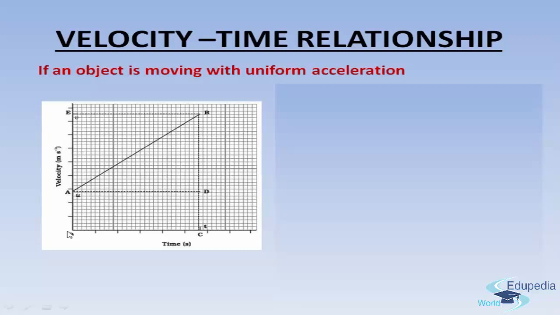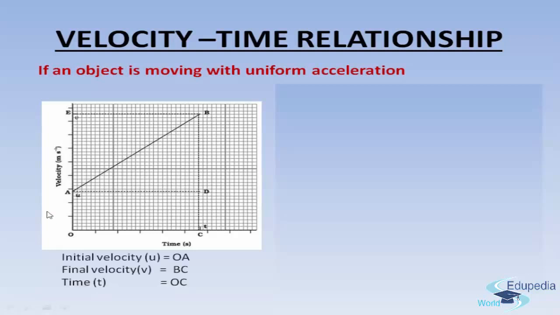On the x-axis we have OC as the time, and we draw a dotted line parallel to OC, which is AD, right? B is the final position of the object, A is the initial position of the object. So U is the initial velocity of the object, and the final velocity of the object is, let's say, V, right? And T is the time.